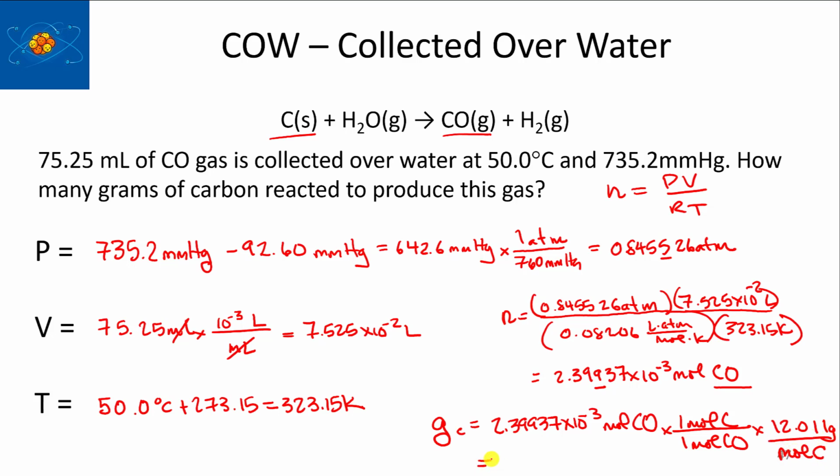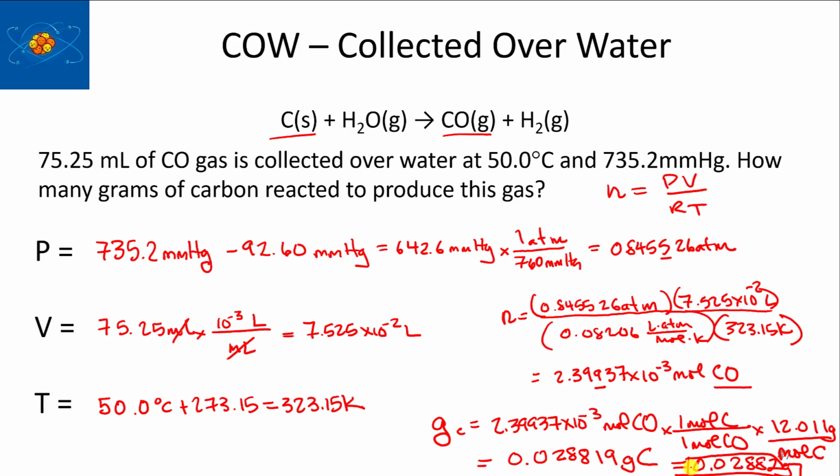And then I do that calculation. I get 0.0288, oh, sorry, there's a 0 missing there. 0.02819 grams of carbon, which rounds to 4 significant figures, so I'll have 0.02882 grams. And I just ran out of room. There you go.